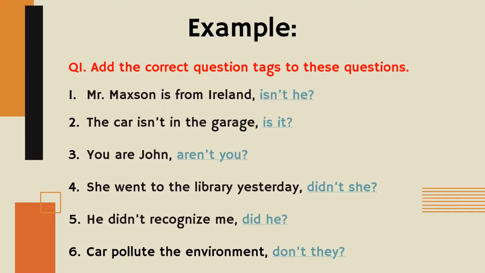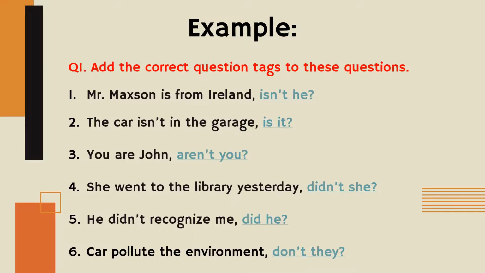Second one, the car isn't in the garage, is it? So in this statement, isn't is the helping verb and the statement is in the negative form. So the tag will come in the positive form.